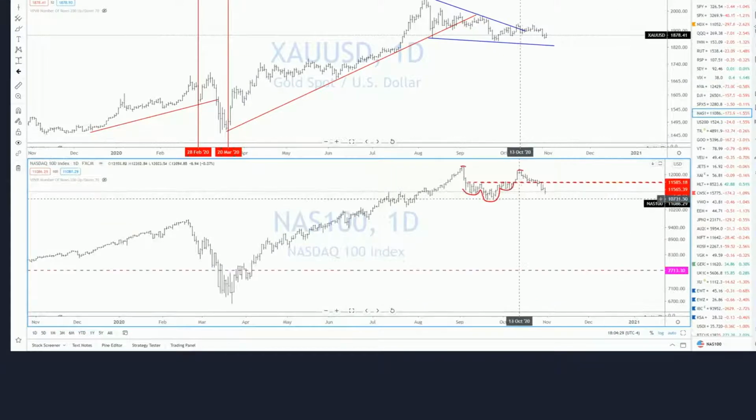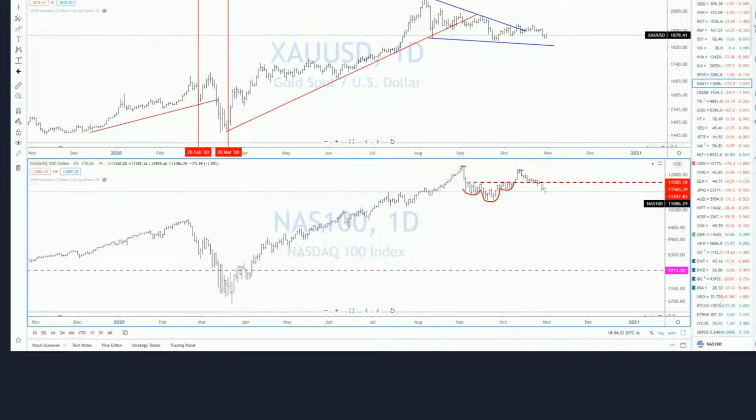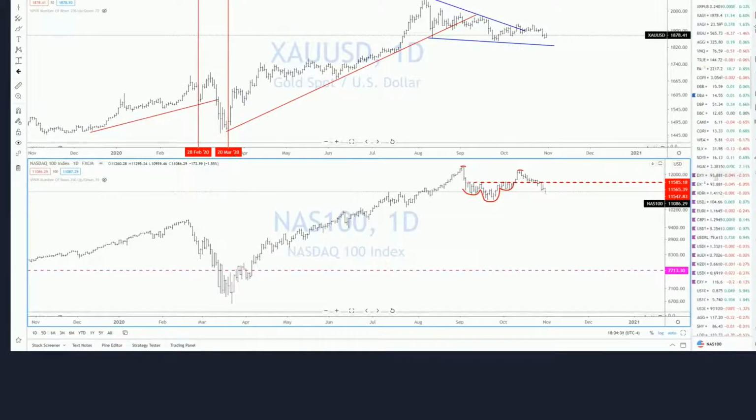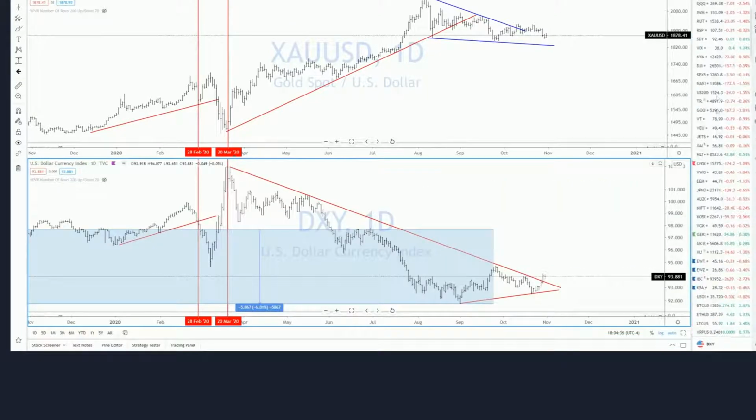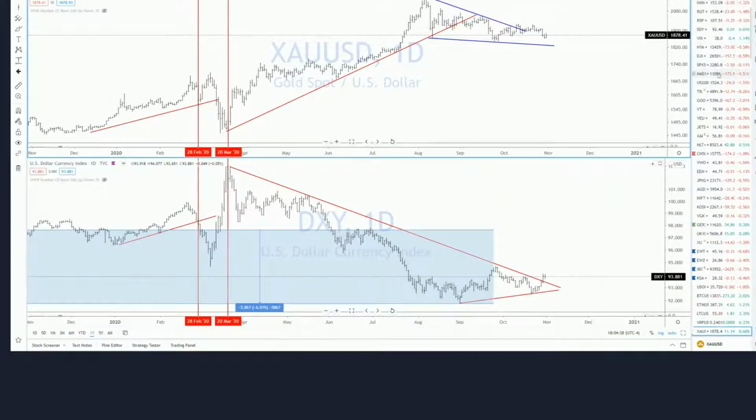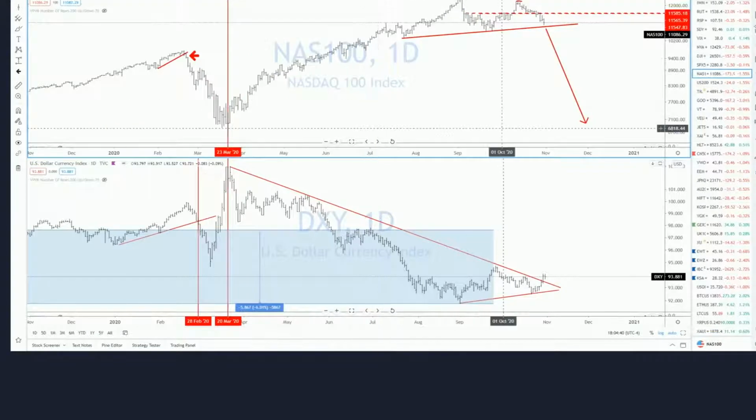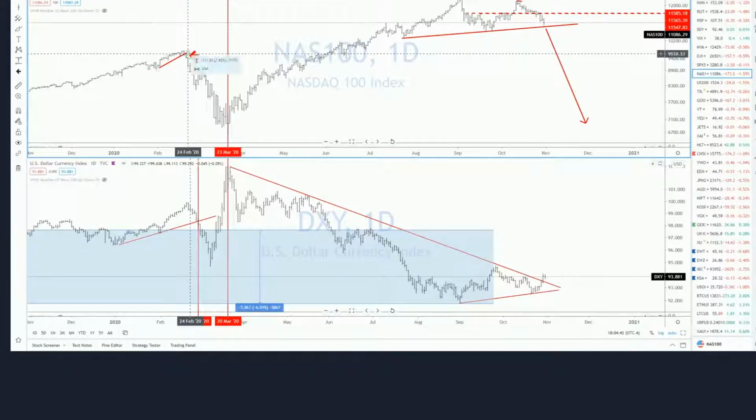Oh, wrong one. See, I got to get used to this. So it started to tank. Let me bring this line over. All right. So the dollar started to tank along with the markets.